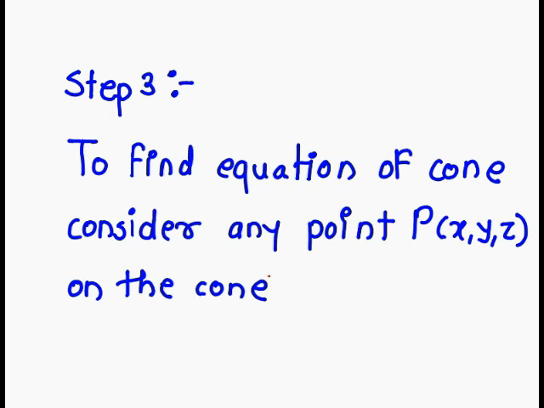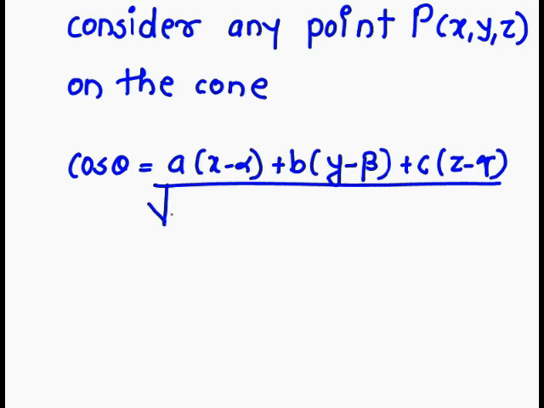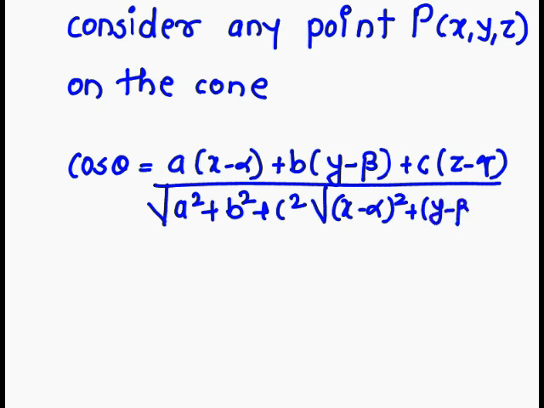In the prerequisite we studied that cos theta is equal to a into x minus alpha plus b into y minus beta plus c into z minus gamma, divided by the square root of a square plus b square plus c square, multiplied by the square root of x minus alpha square plus y minus beta square plus z minus gamma square.